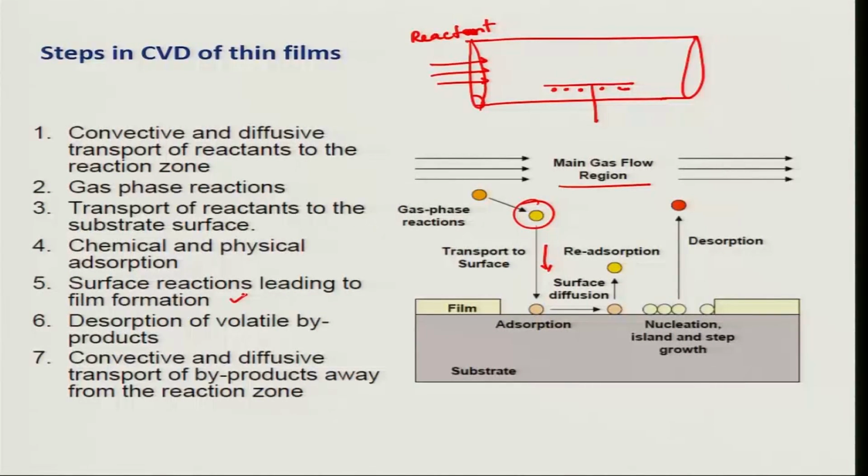They will undergo reactions, and if the temperature of the substrate is correct for the reaction, they will react together, leaving a solid film behind, and the desorption of volatile byproducts is also important.